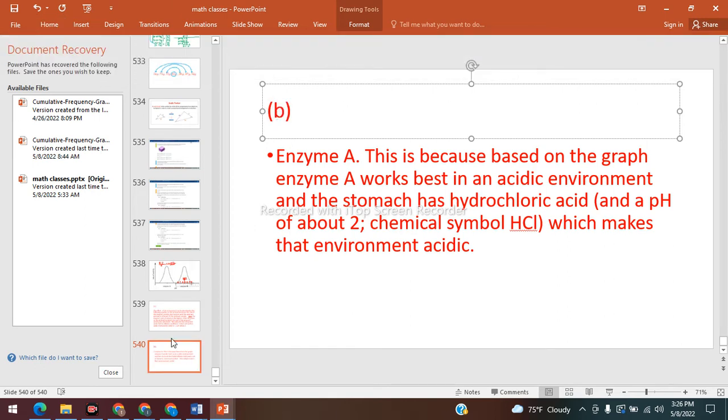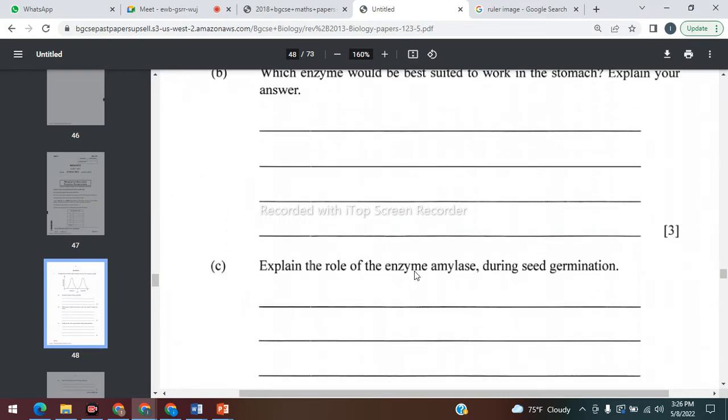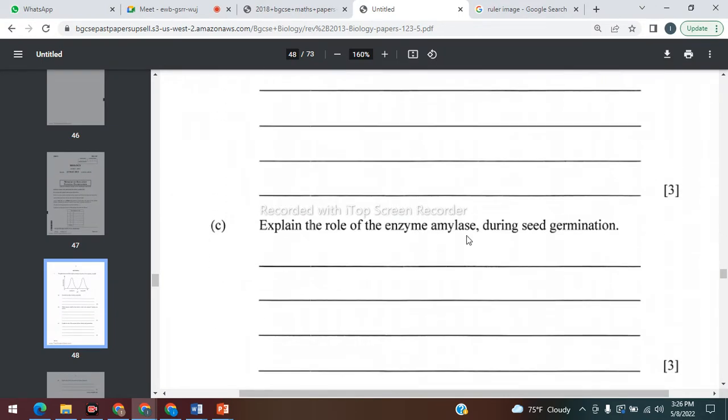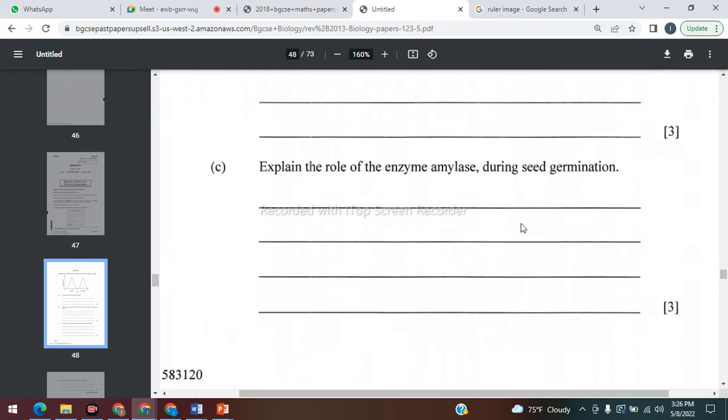Okay, so that's that, and then next up is explain the role of the enzyme amylase during seed germination. I wonder if I could cheat for points with this one and try to explain what the enzyme amylase is for.